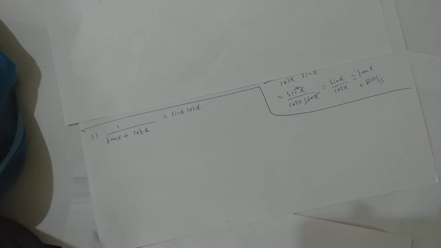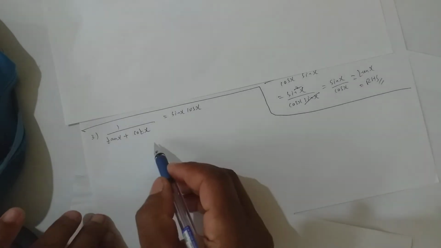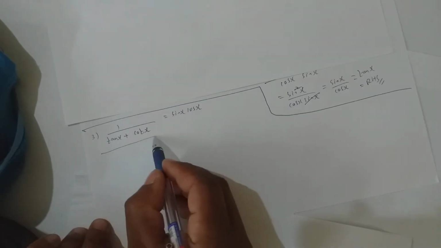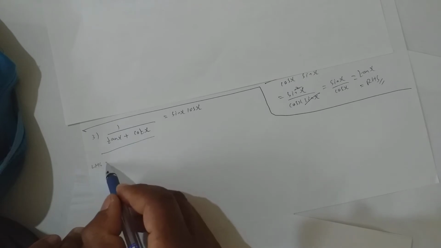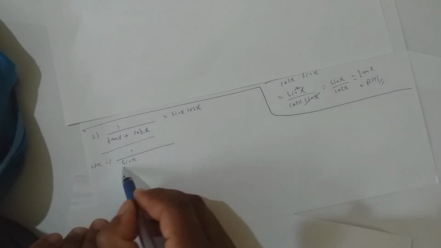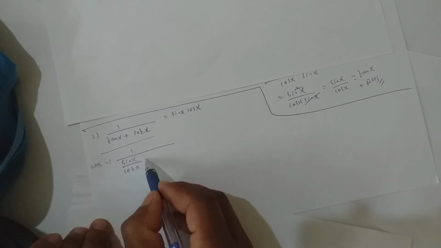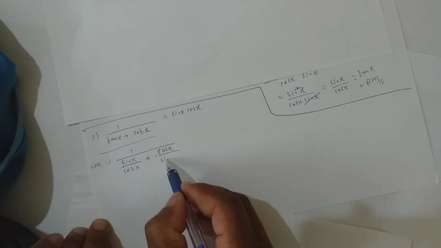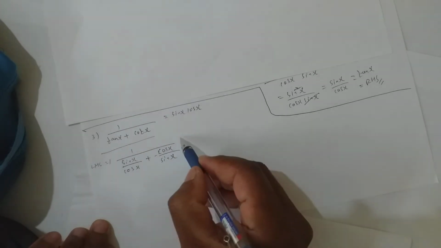Now let us look at the next sum. It is 1 by tan x plus cot x equal to sin x into cos x, you need to prove. Again I am taking the left hand side, and tan can be changed to sin x by cos x, and cot can be changed to cos x by sin x.